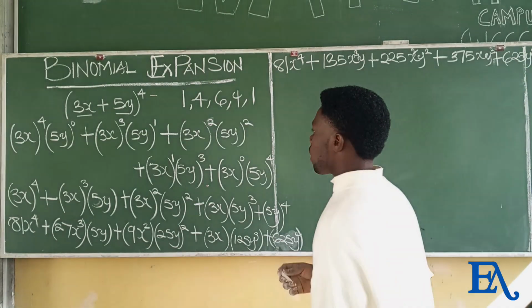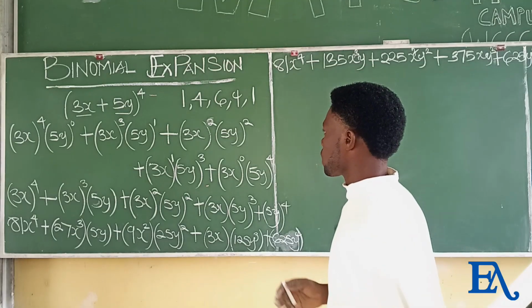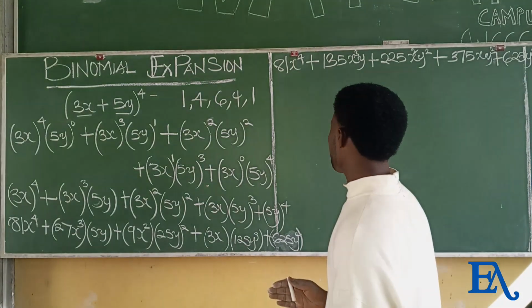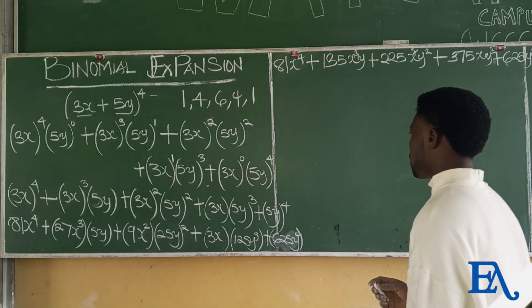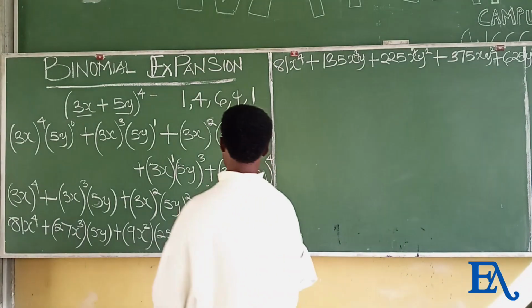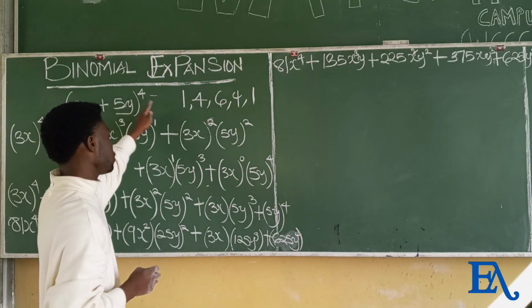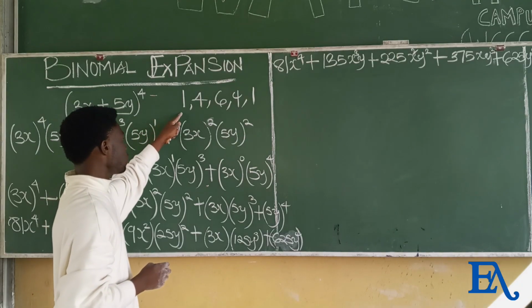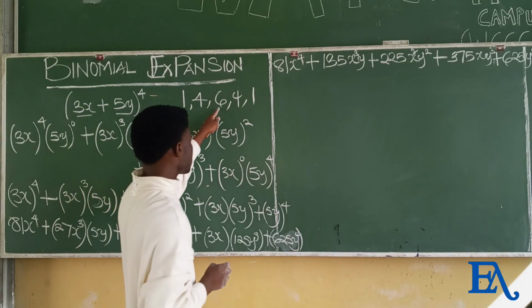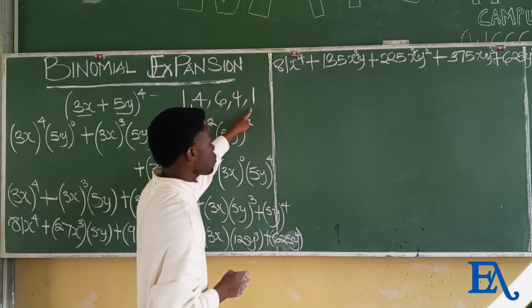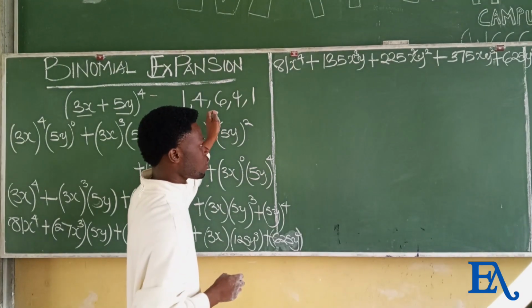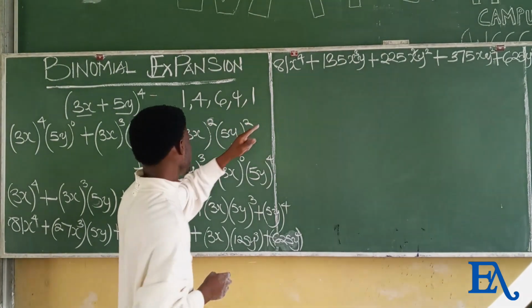Alright, now the first approach was to expand the parentheses. Second approach is to employ Pascal's triangle. And the coefficient for the Pascal's triangle in this expansion raised to the power of 4 was given as 1, 4, 6, 4, and 1. That is to say, this will be the assigned coefficient to the expression on the board.